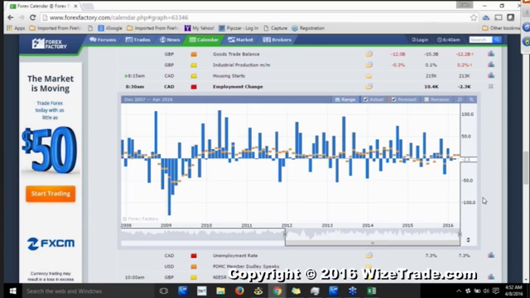The last 2 months, Canadian employment has been below expectations. The trend in Canadian employment is not positive.